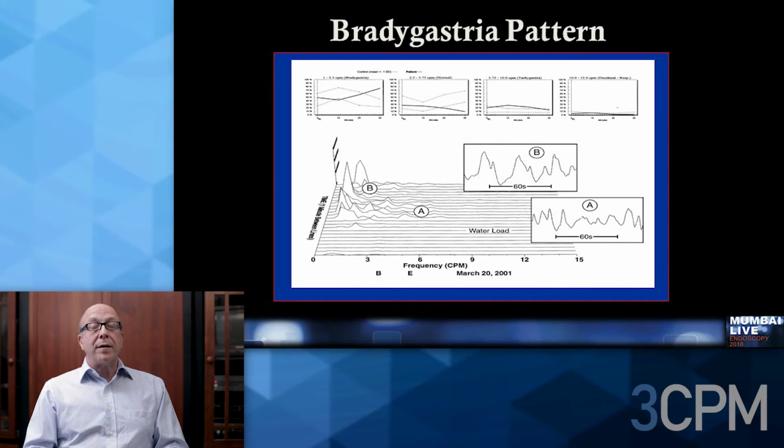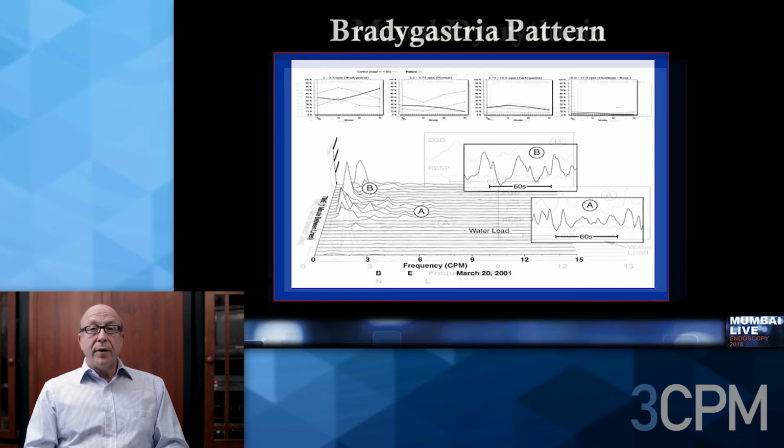Now, when we want to look at pathology, this is an example of the bradygastria type pattern, and you will notice here in this particular box that we are considerably above the normal broken lines as a result of the water load test.